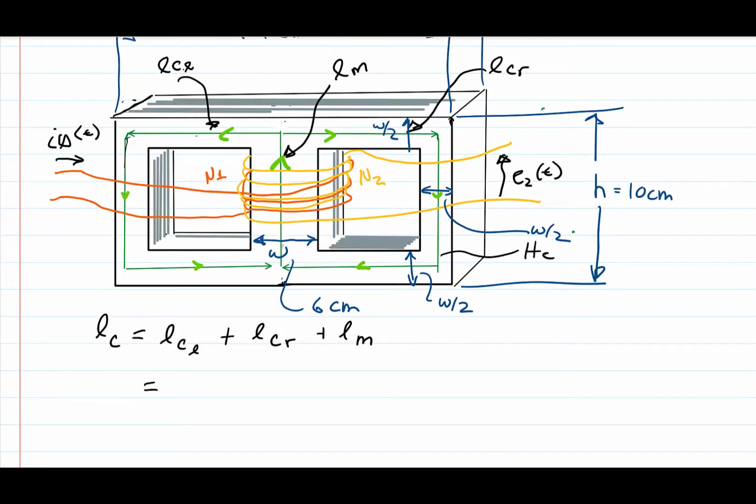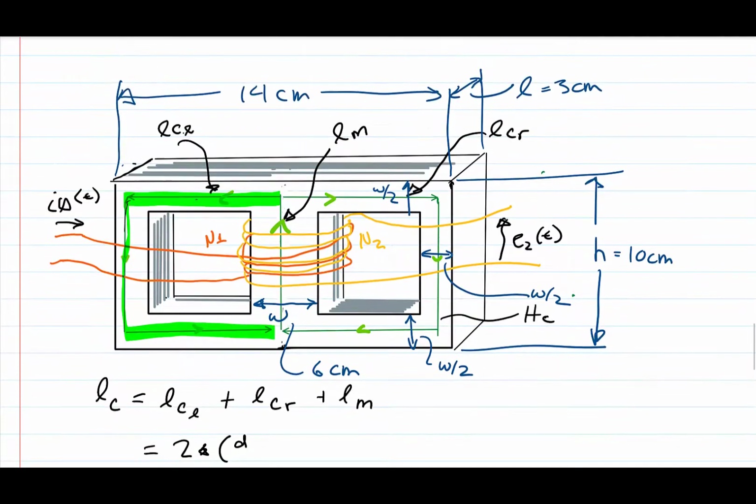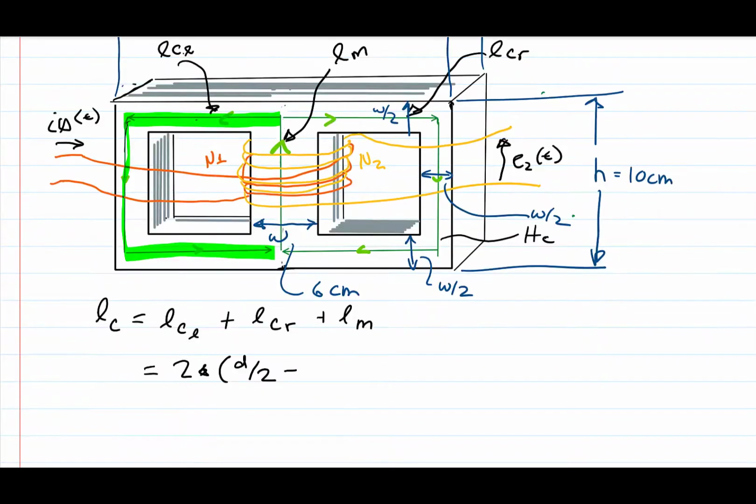The length of the left-hand side is going to be adding up these distances here. So that comes out to be 2 times half of the total width, which we call D, subtracting off that half of this width here. So we're calling this W over 2. This is divided in half because we're only going to the middle point right here, and that's something we could make a small mistake on if we're not careful.